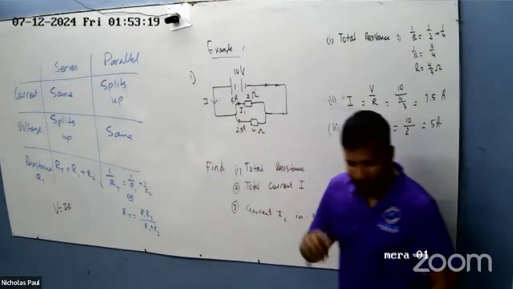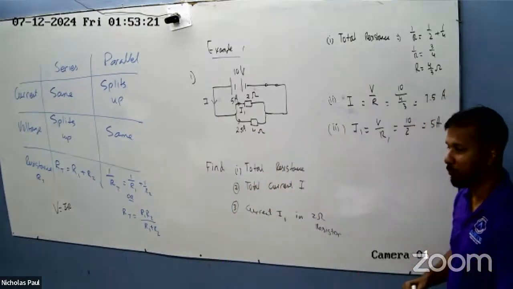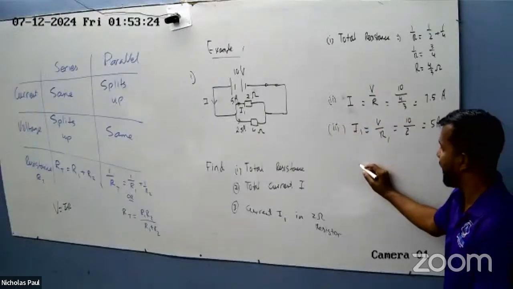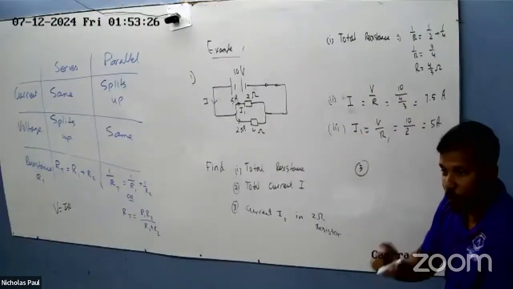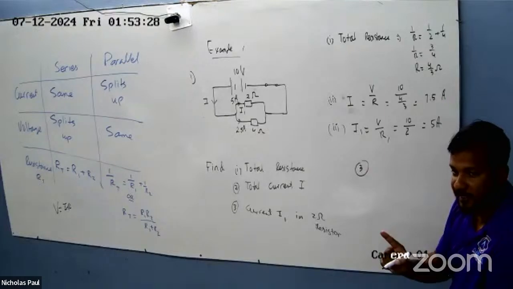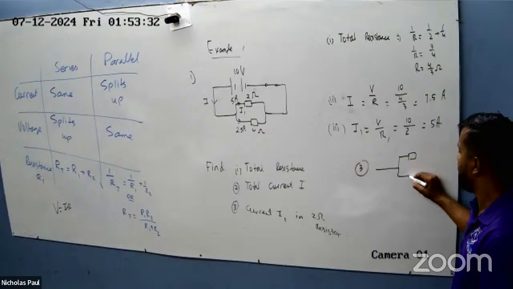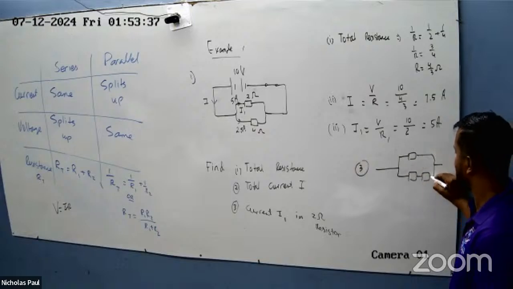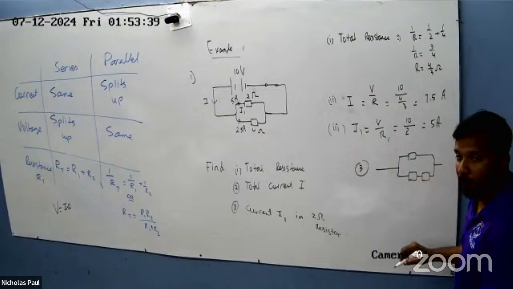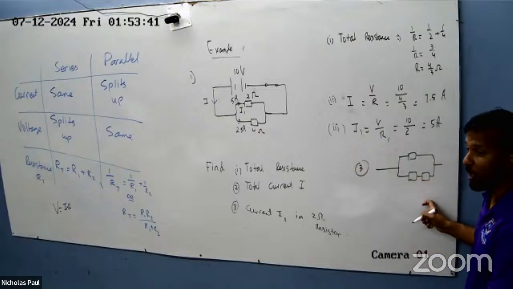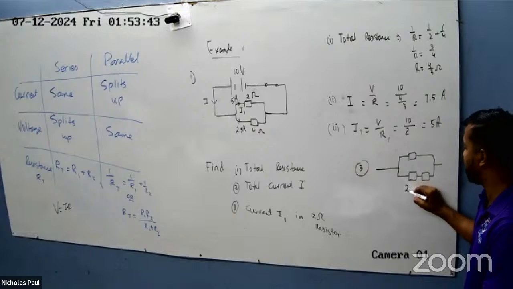Now, before we go, there's one thing I would like to do. Forget the circuit, right? I just want you to find the total resistance here for me. We'll do more of these next day and then do class papers. All I want you to do is find the total resistance of this circuit.